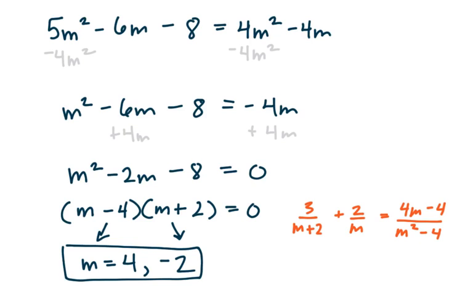And what's going to happen if I plug negative 2 into my problem right here? If I plug negative 2 in, I'm going to get 0 in the denominator, which is undefined. So one part of our solution is extraneous. Only m equals positive 4 is the answer.